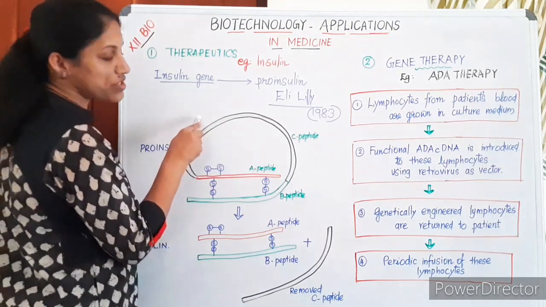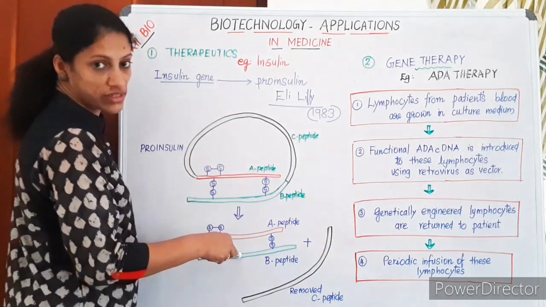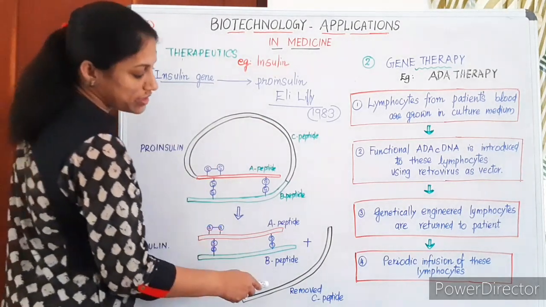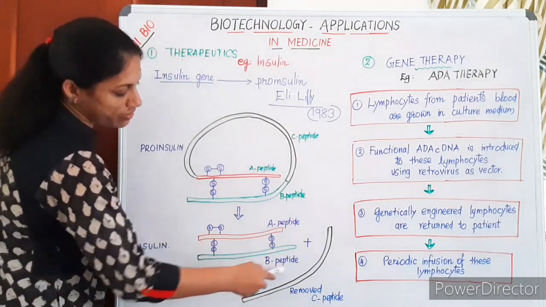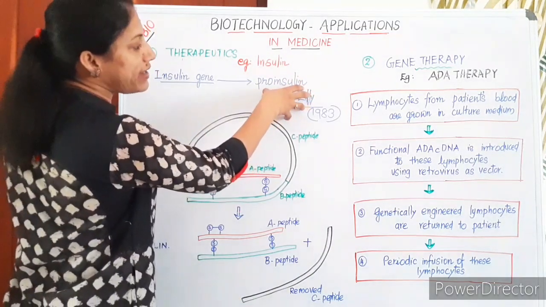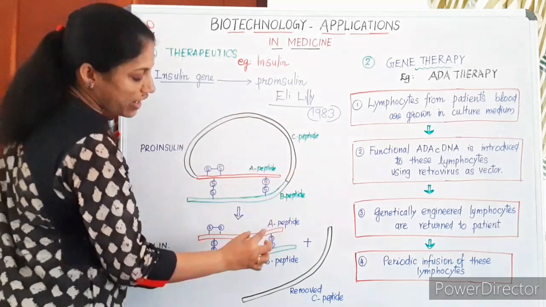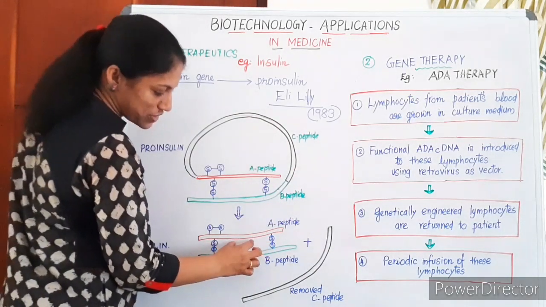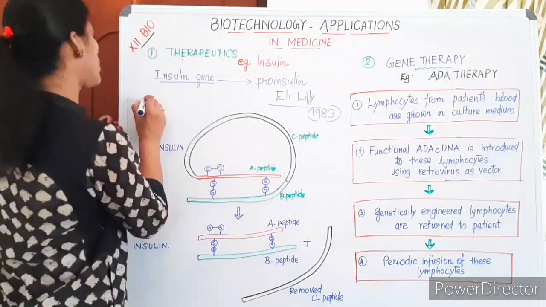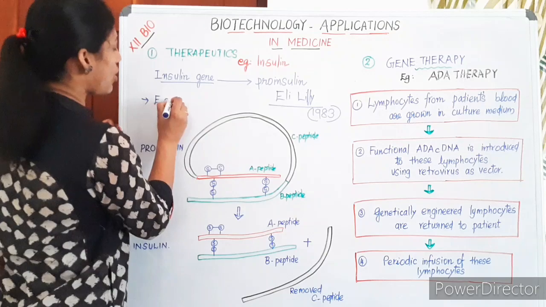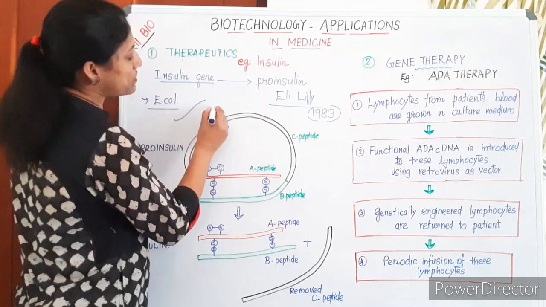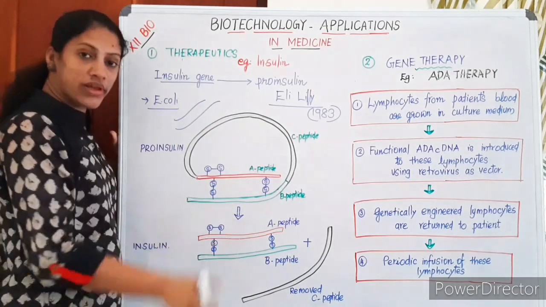The human insulin gene as such produces proinsulin instead of insulin, and during maturation of proinsulin to insulin in our body, the C peptide is removed and the real insulin has only A and B peptide. So what Eli Lilly did was take a gene for A peptide and another gene for B peptide and separately encode them in E. coli, and they obtained A peptide and B peptide, not the insulin as such.